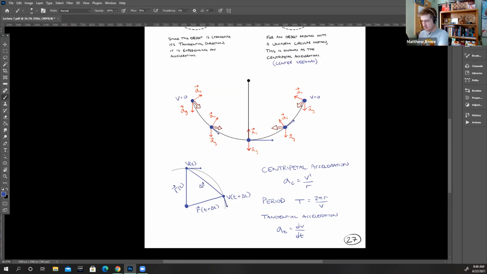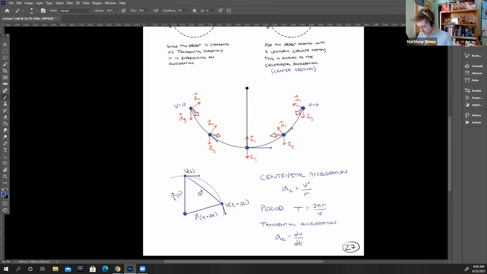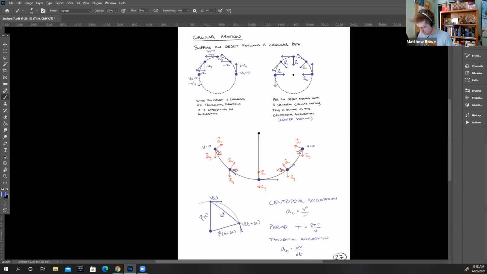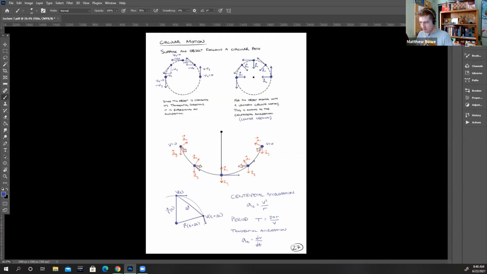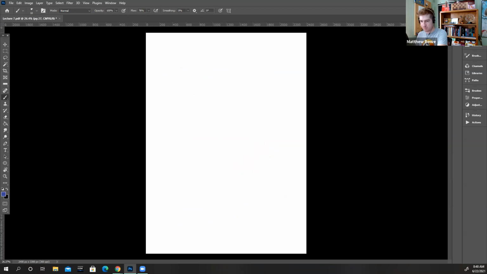There's that. We're going to do a little example with circular motion before we move on. So we have a satellite. It's going to be moving at a constant speed around Earth.